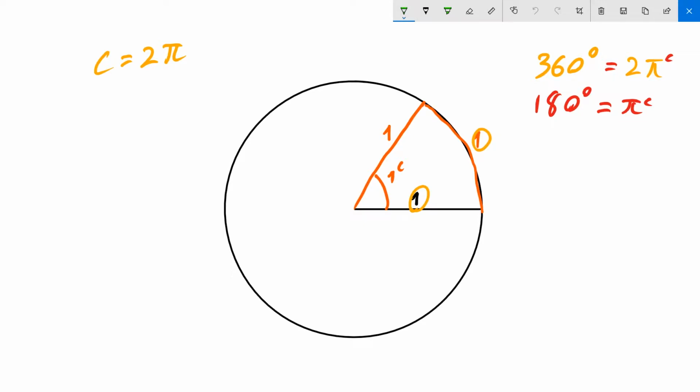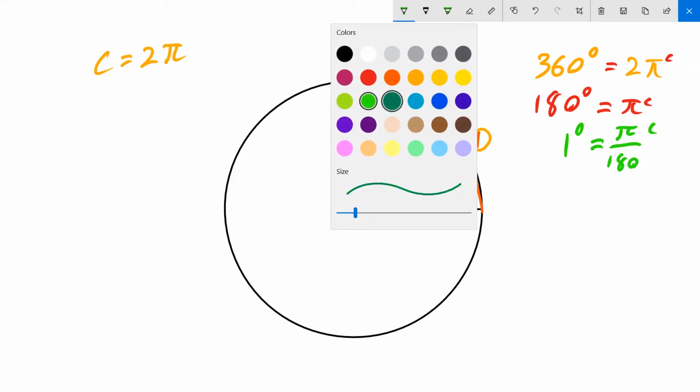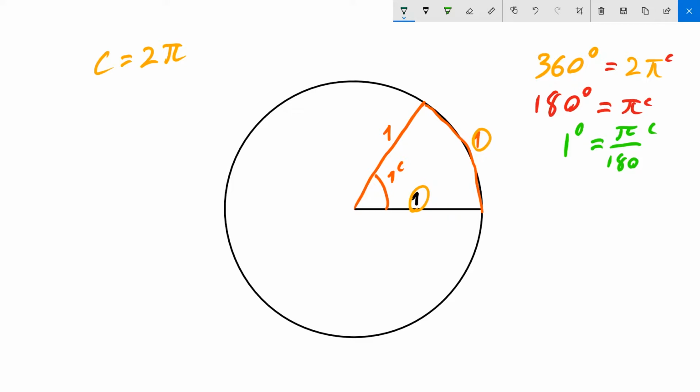So I get 1 degree is equal to pi over 180 radians. Now I can do the same thing, but work out what 1 radian is in degrees. I'll do the same process, but instead divide by pi. So we get 180 over pi degrees is equal to 1 radian.